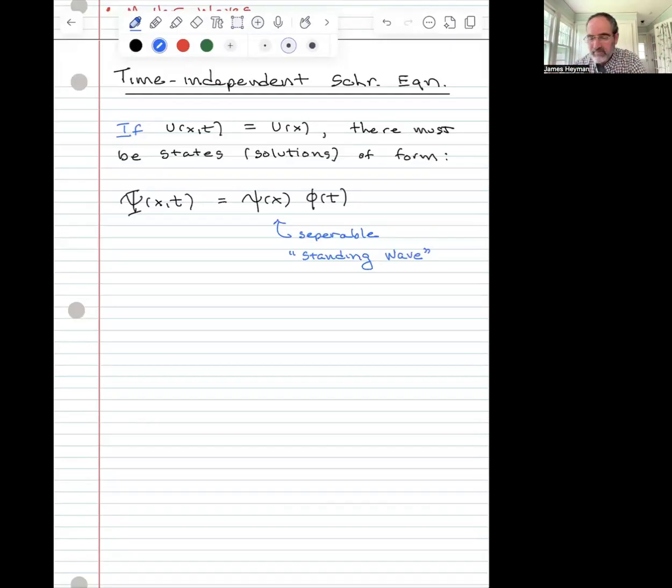Okay? So think of bound particles as standing waves. Oh, I said if, but I didn't say then. Here we are. If the potential is time independent, then this must be true.